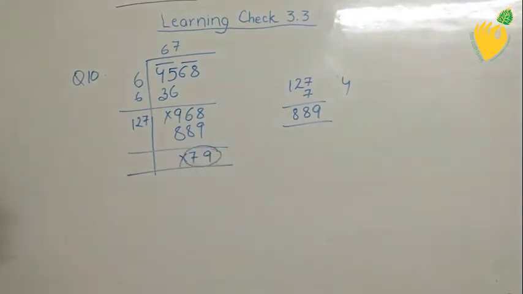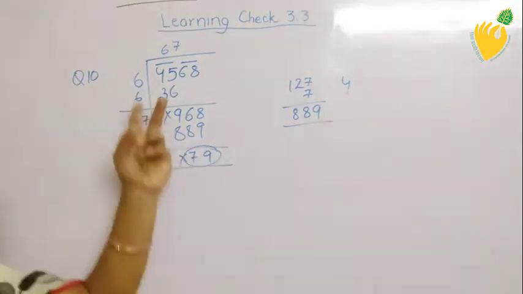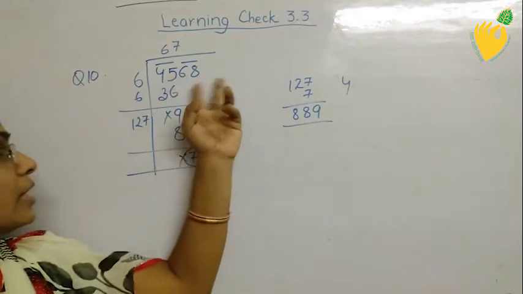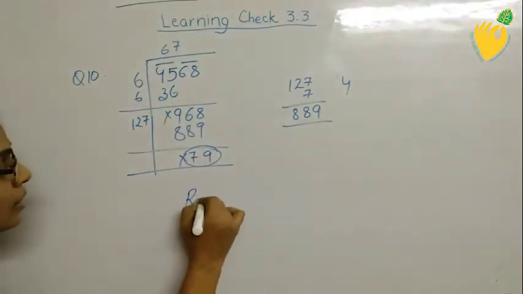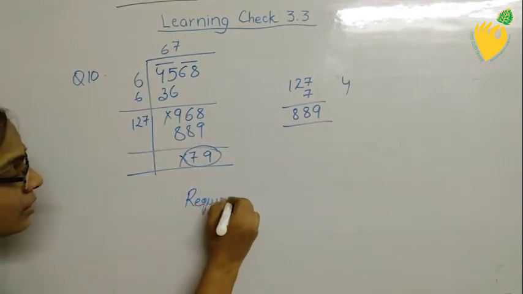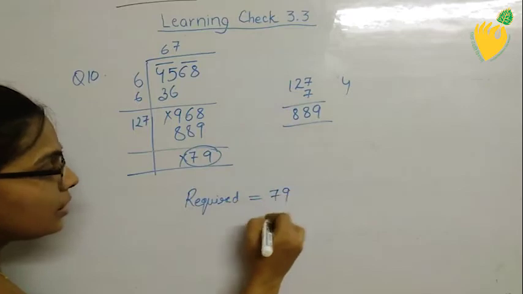Now what is left here, students? 79. So 79 is the number. If we subtract this number from 4568, then the resultant number will be a perfect square. So our required number, our answer according to the question, is 79.